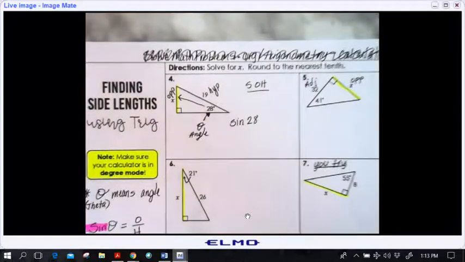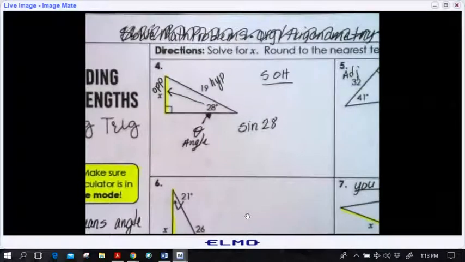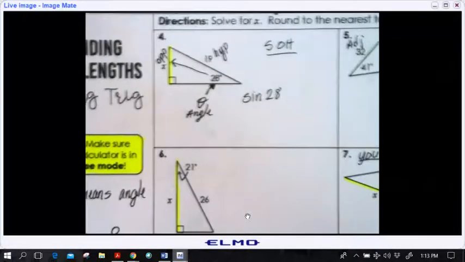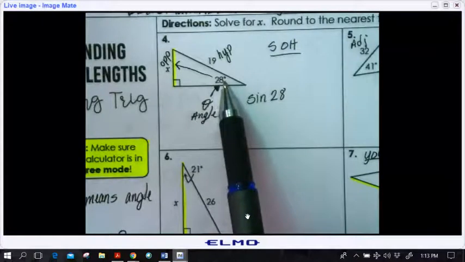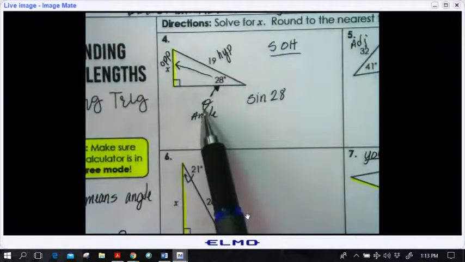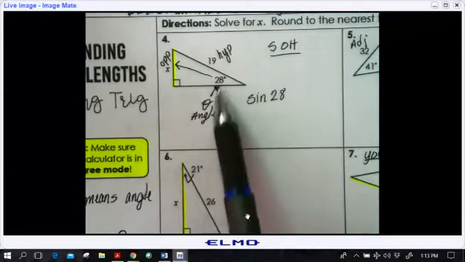I'm going to zoom in. And I've already started labeling some things in example 1. So the angle that we know right here is 28 degrees. That's going to be our theta, okay? So from this angle, this is what determines which function or trig ratio we will use.